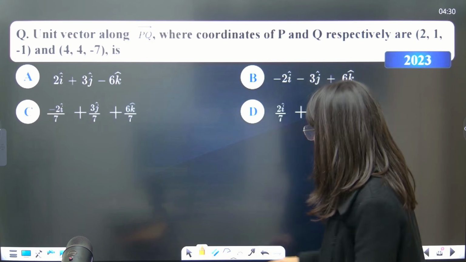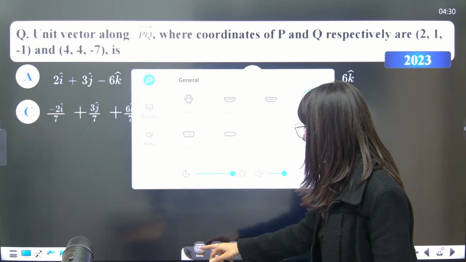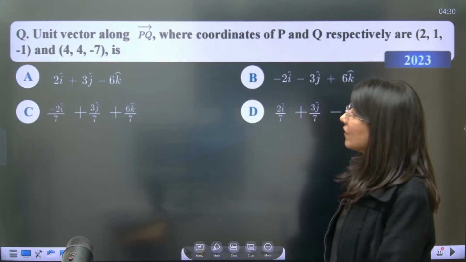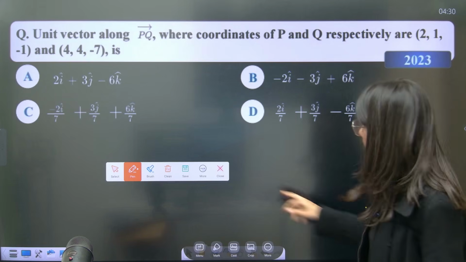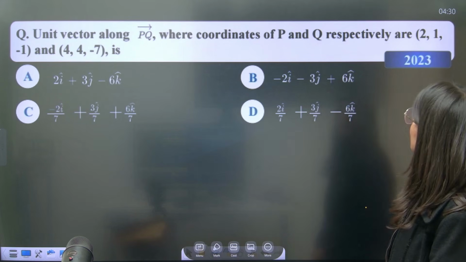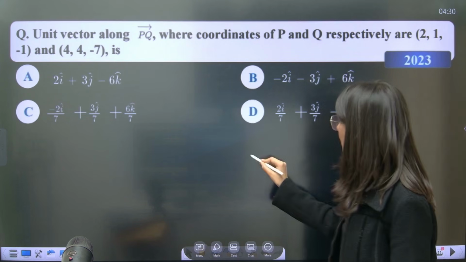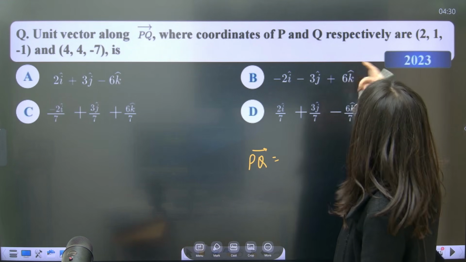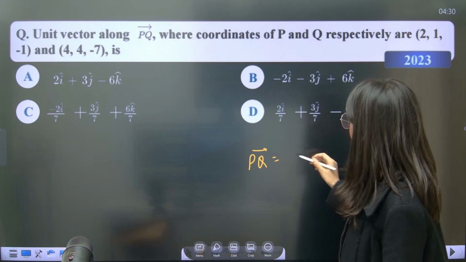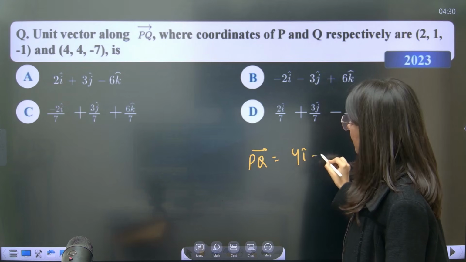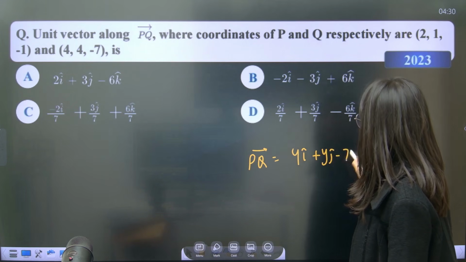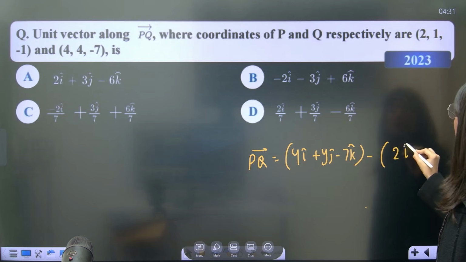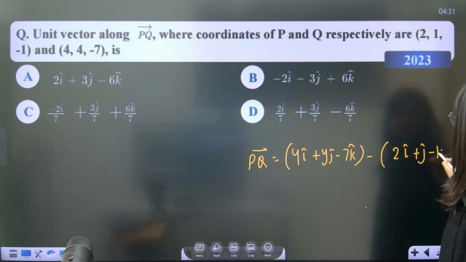You can see that this question is asking us for the unit vector along the PQ vector, where the coordinates of P and Q are given. PQ vector is Q vector minus P vector. P is this and Q is the second one. So 4i cap plus 4j cap minus 7k cap, minus 2i cap plus j cap minus k cap.